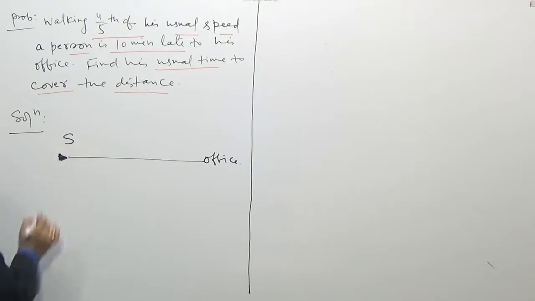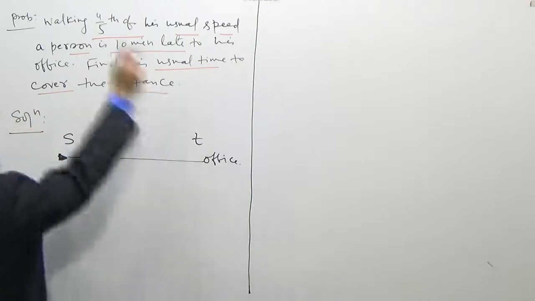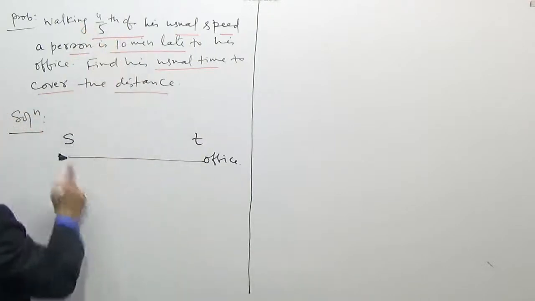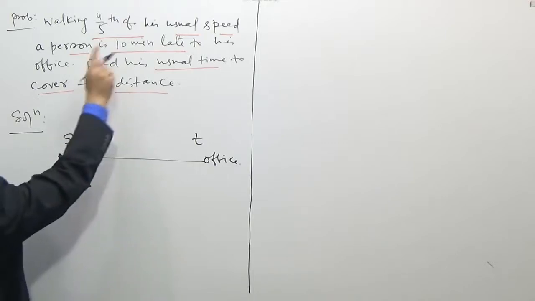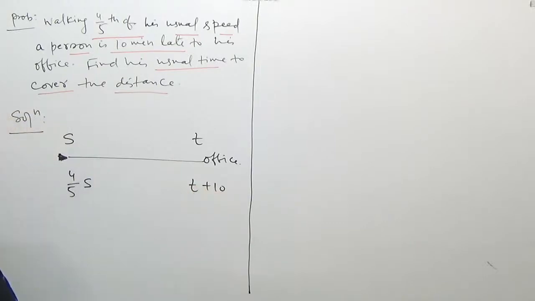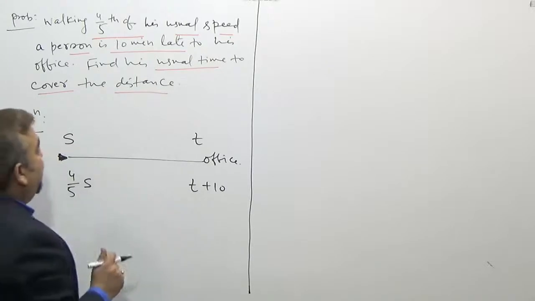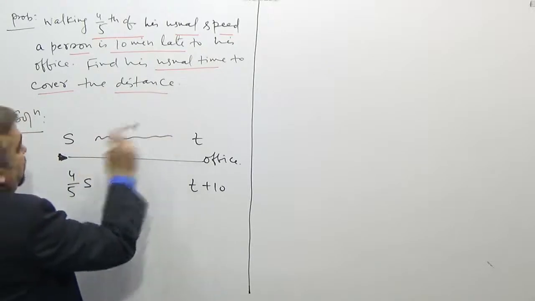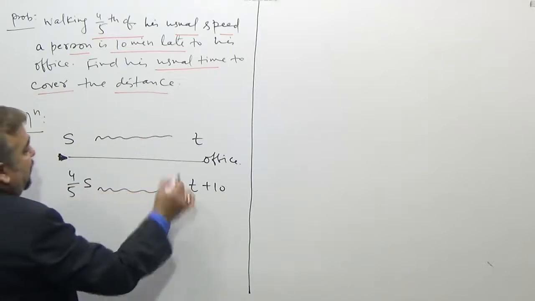Normal speed is S, then normal time taken is t minutes. But when the speed is 4/5 of his usual speed, he is 10 minutes late, that is t plus 10. The question is, what is the normal time? Means we have to find t. The distance covered in the normal case is the same as the distance covered in this case.